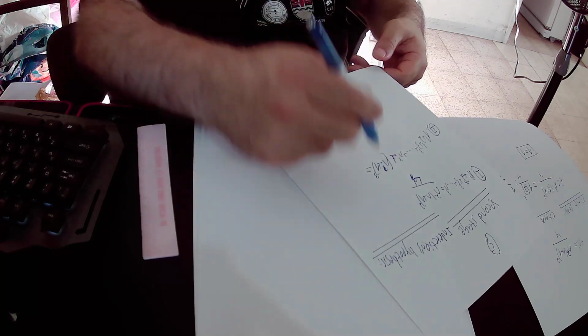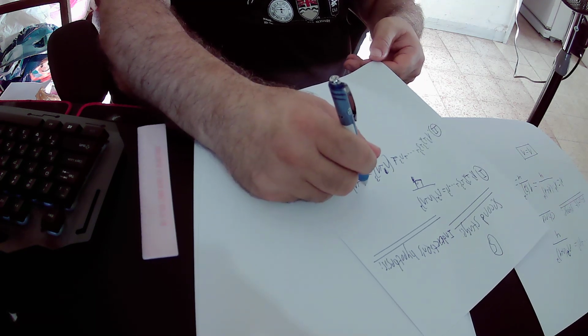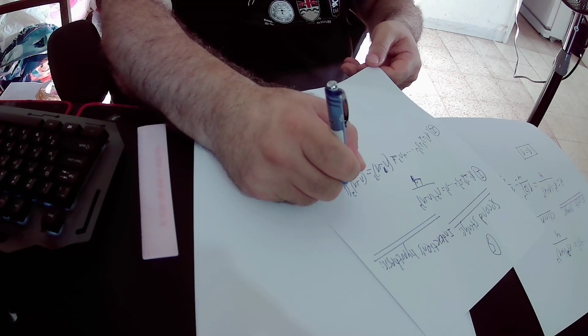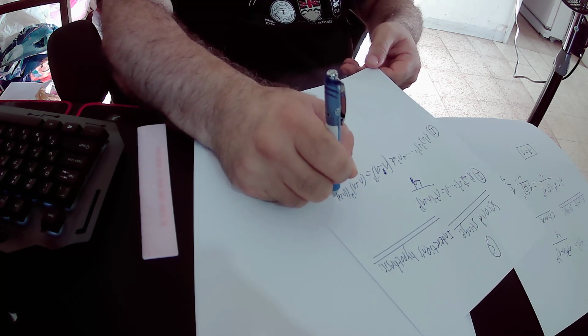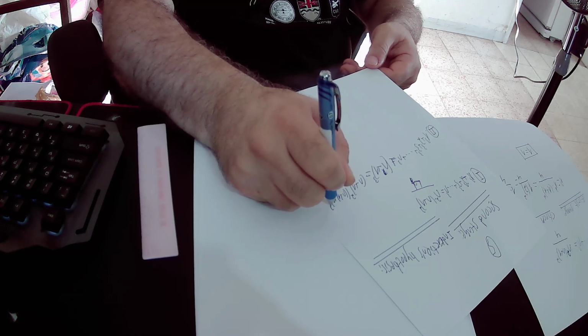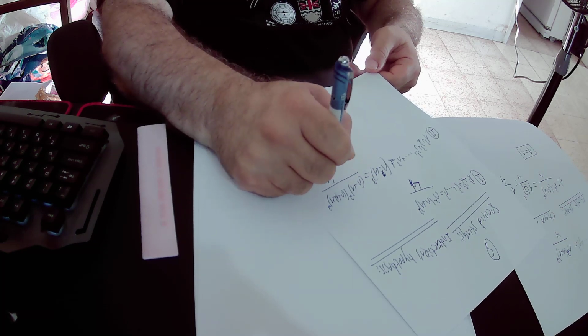So it will be equal to (n plus 1) squared times (n plus 1 plus 1) squared, all divided by 4.